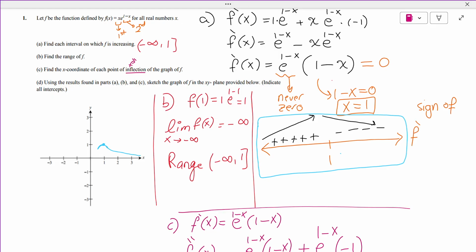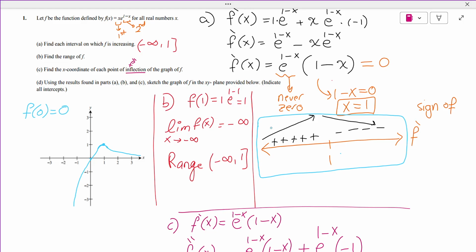But what is f of 0? If you find f of 0, it will be 0. So the function passes through the origin and decreases this way. So that would be a good, rough estimate for how the graph looks.